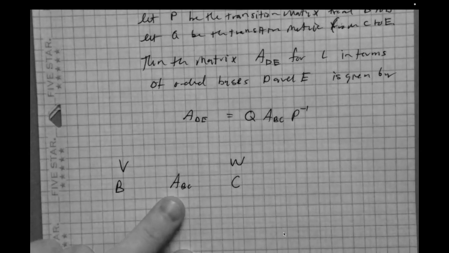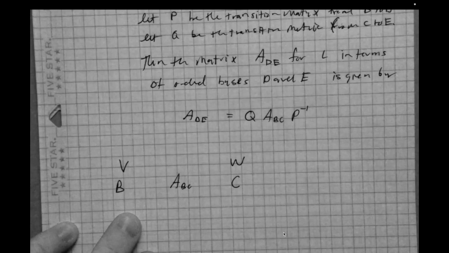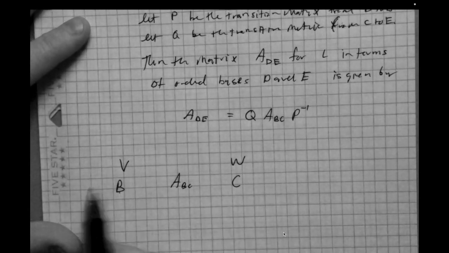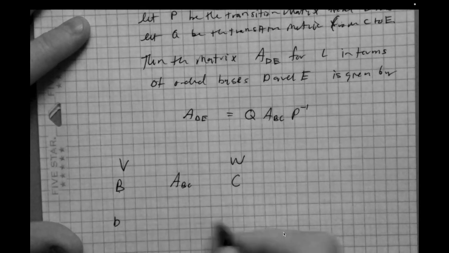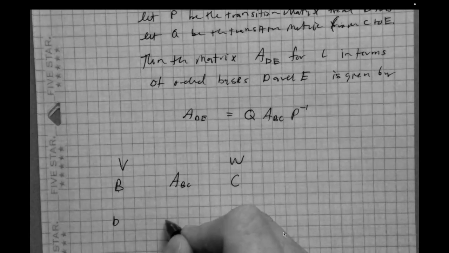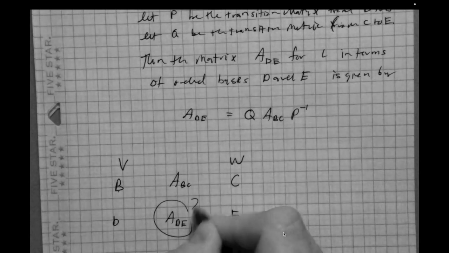Sorry, this is not a transition matrix. This is the matrix of L, the matrix of the linear transformation with respect to ordered bases B and C. Now, separately, I've got D and E, and I'm interested in how to calculate A sub DE. How do I get that guy?